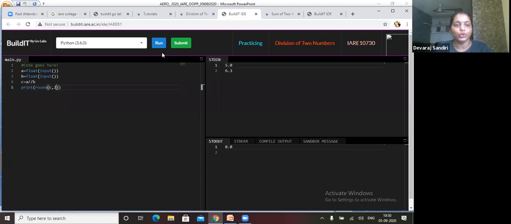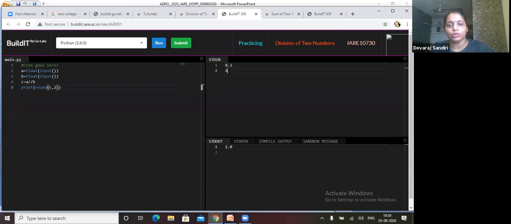I'll keep 2 here. What is our rounding of 0.0? Yes, getting my point. So as per your requirement, I'm giving 8 here and 4 here. What rounding off should come? 2, 2.0.